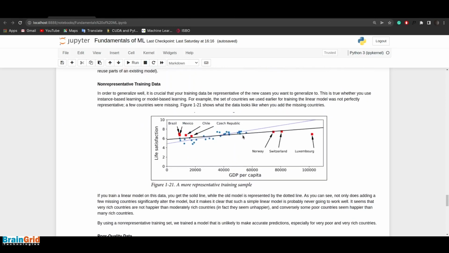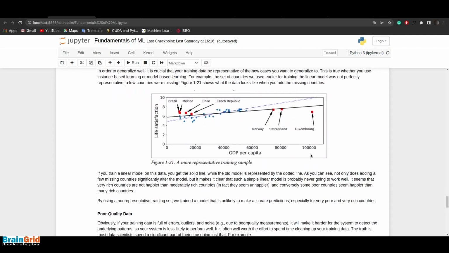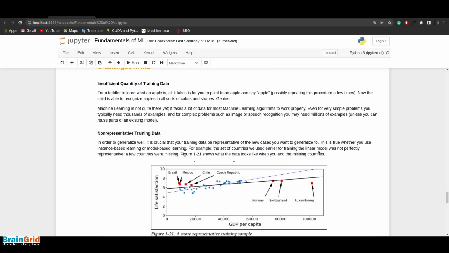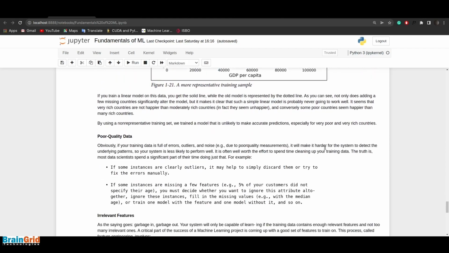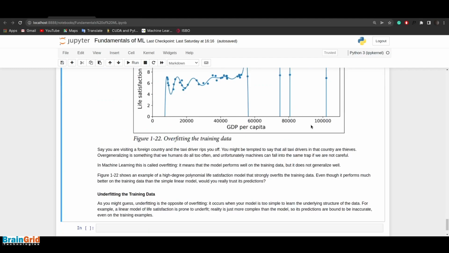So I hope you got some insight into the common pitfalls and general challenges that any machine learning engineer, when just starting out, will usually fall into. We don't want to be here, but sometimes it's inevitable because we might not have relevant data, or we might not have enough data altogether, and we might end up overfitting the model again.